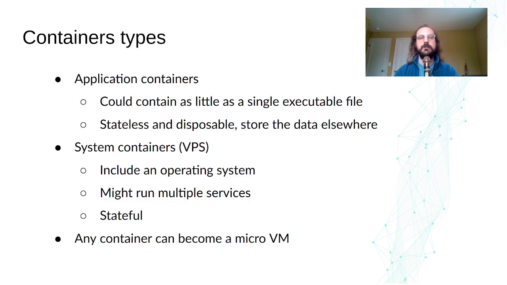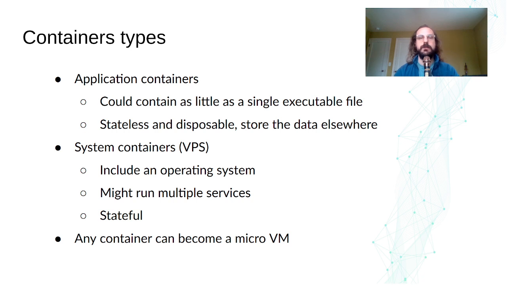Now, there's two main types of containers. We saw these earlier. One is application containers, and this could contain as little as a single executable file. So a container in its sort of stripped down base format is just a single executable program that can be run. And application containers are stateless.